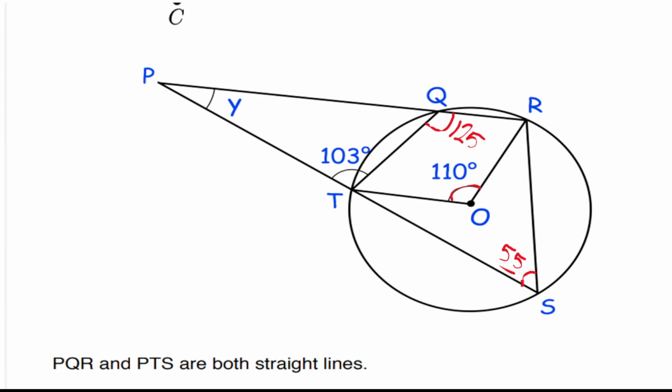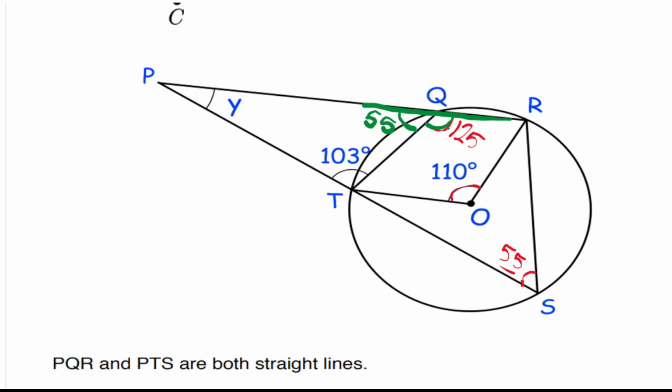Now, look at this nice line here. This is a line, isn't it? That means 125 plus this makes 180. So this one here will again be 55. Because this is a line, if this is 125, this will be 180 minus 125, so it's 55.